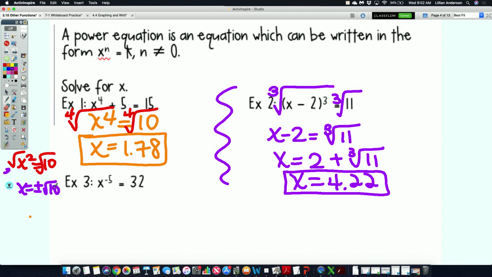That doesn't only apply to the square roots or the powers of 2, it's to any even root. Any even root that you end up taking, like the fourth root, it is plus or minus that number. So go back in and add in plus or minus to your 1.78. Now it's fully correct.